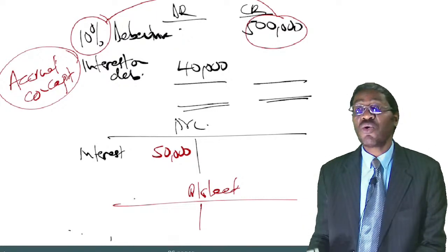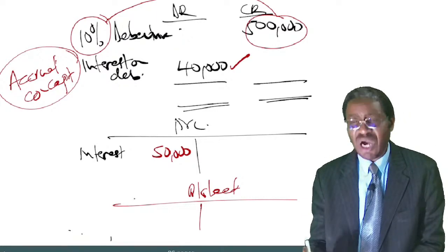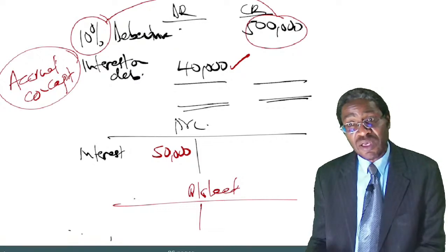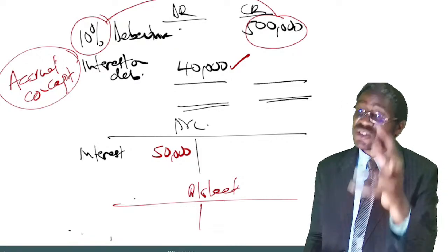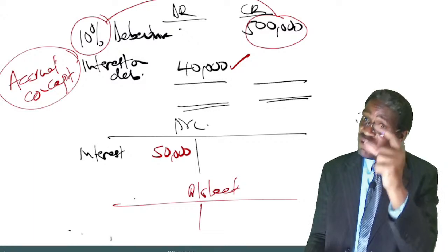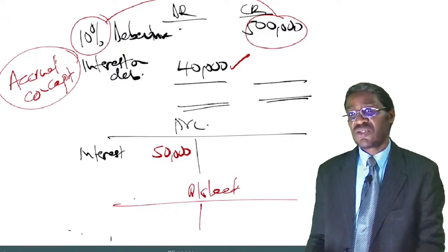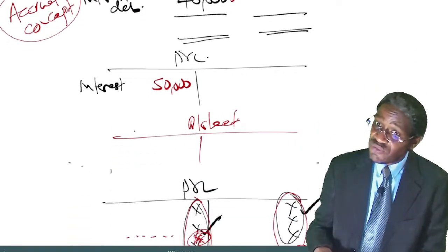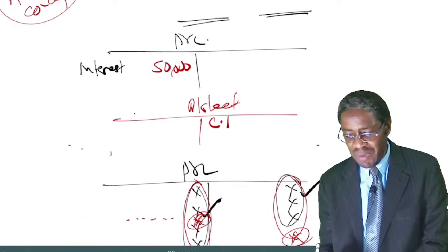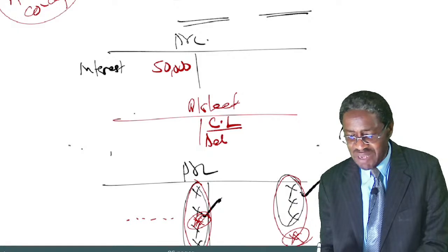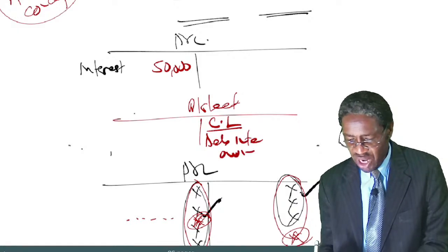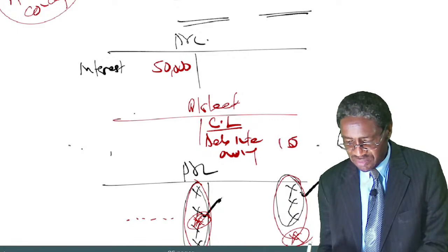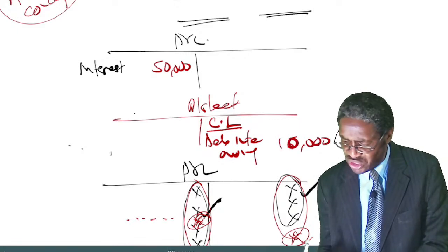Then you realize, oh yes, we have paid them how much? 40. I was supposed to pay them how much? 50. How much have I paid? 40. So what have I not paid? 10. So it is the balance of 10 that you had to take to the balance sheet among your current liabilities. Debenture interest owing of how much? 10. That's how you used to treat this.